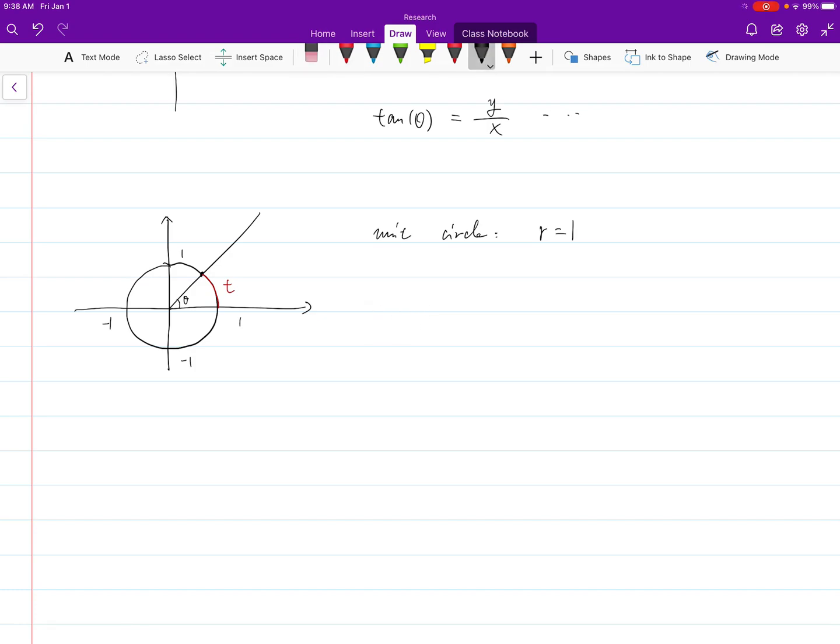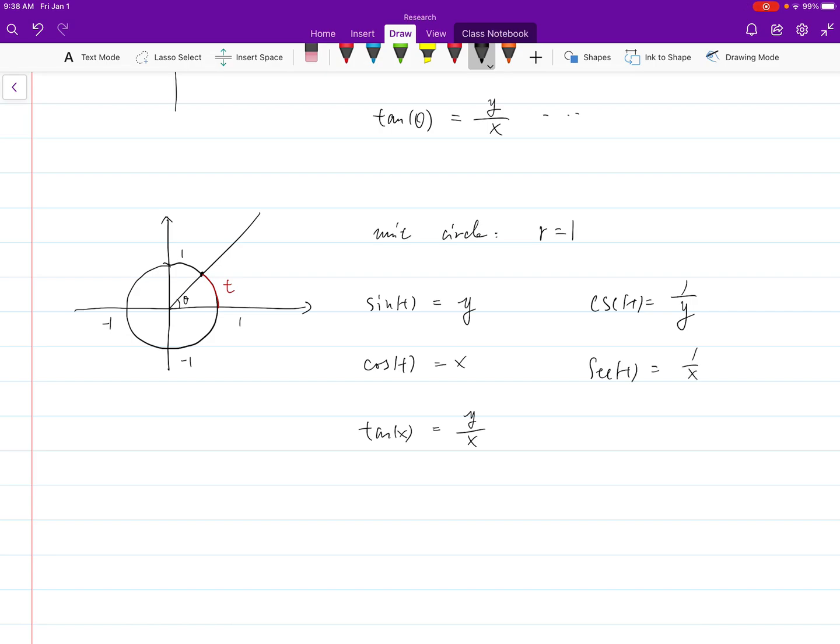We have sine t, which is basically corresponding to theta. Okay, but not theta. We have sine t equals y over r, but r equals 1, therefore sine t equals y. Cosine t equals x. And tangent t, of course, is still going to be sine over cosine, which is y over x.